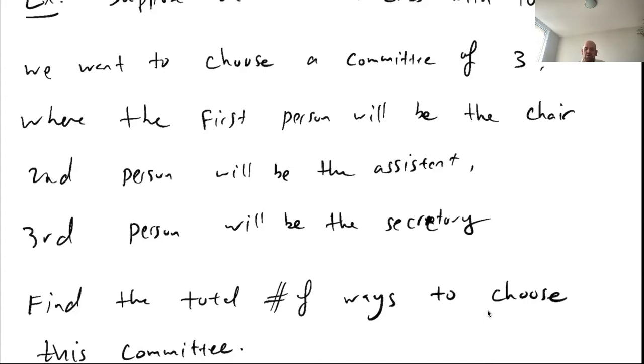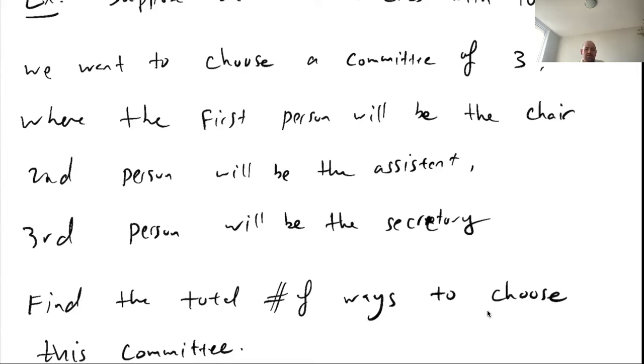For example, if the students are labeled 1, 2, 3, all the way to 10, one way is that I choose students 1, 2, and 3 for my committee.